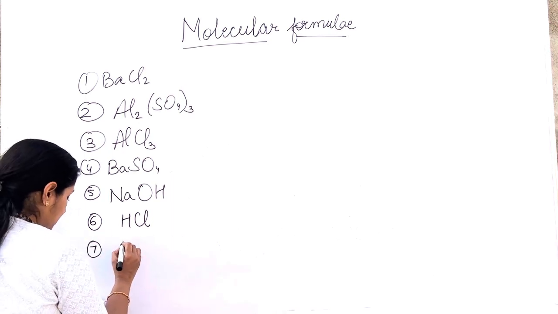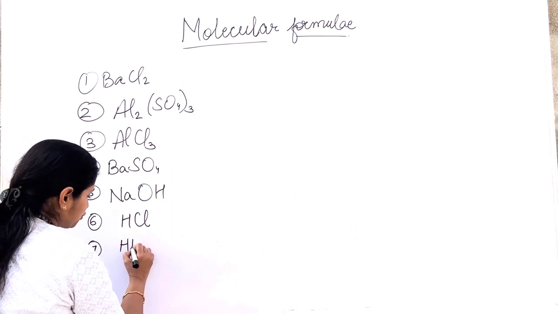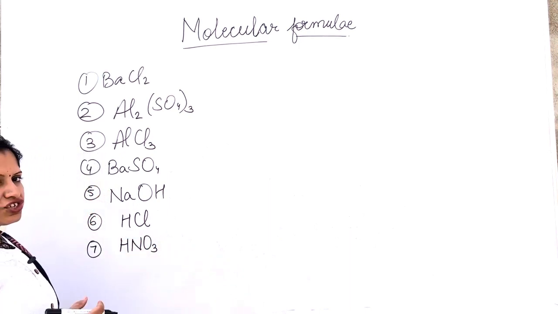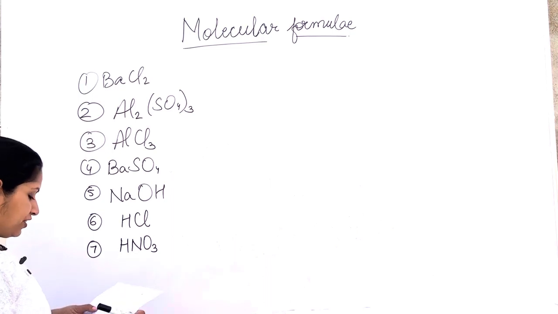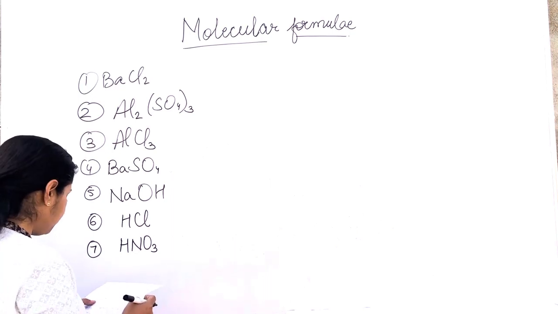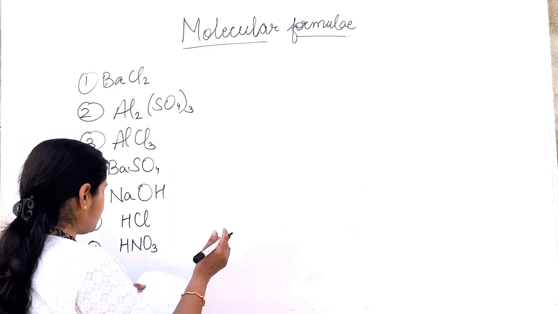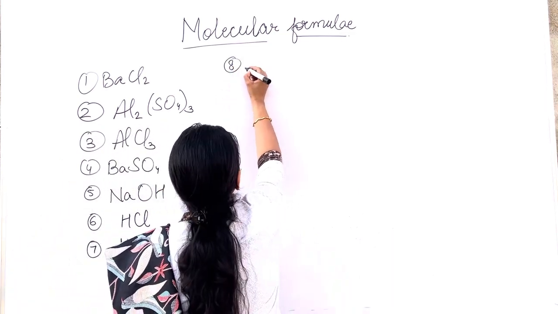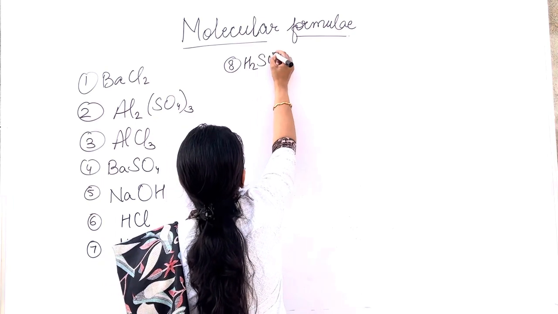Next is nitric acid. Nitric acid, you should remember, it's HNO3. The name doesn't suggest what it is, so you should remember it's HNO3. Then we have sulfuric acid or hydrogen sulfate, that is H2SO4.